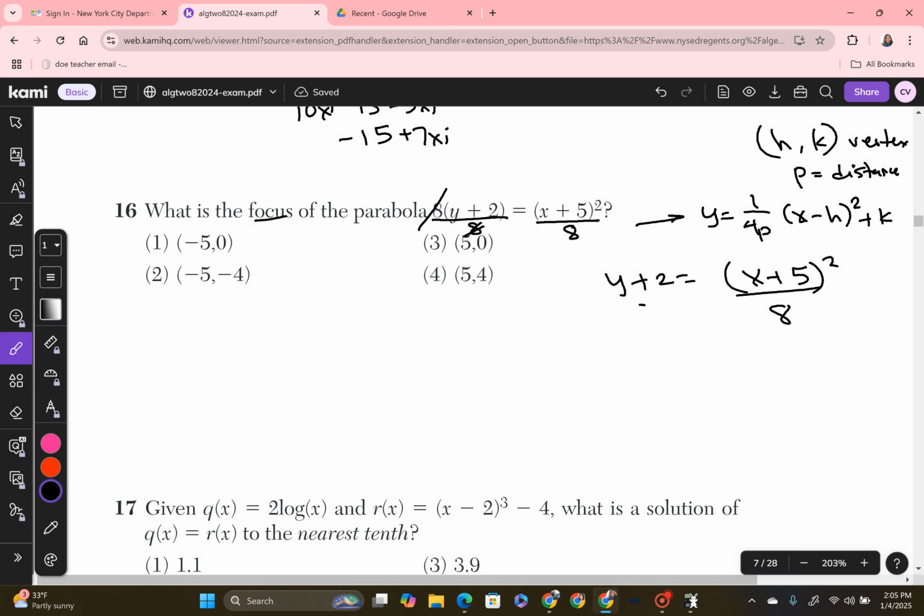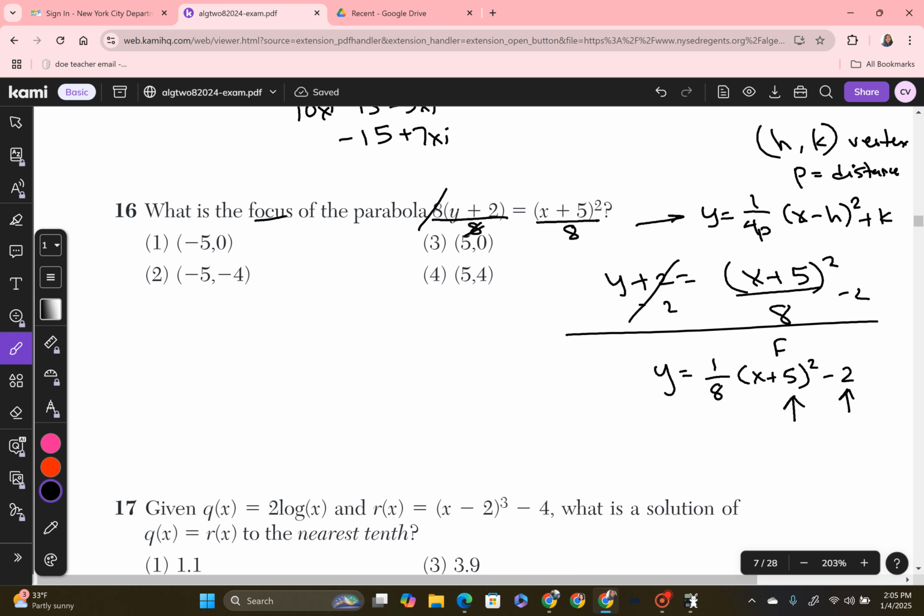Minus 2, minus 2. So I get y is equal to (x plus 5) squared over 8. I have to make it look like 1 over something, so 1 over 8 times (x plus 5) squared minus 2.